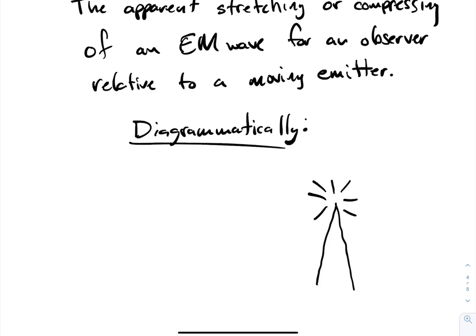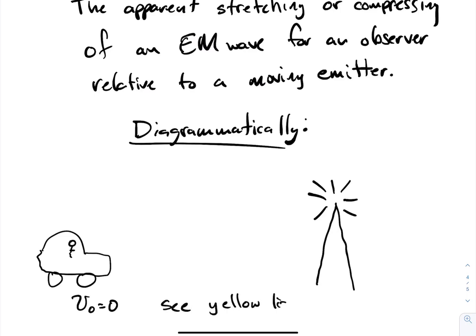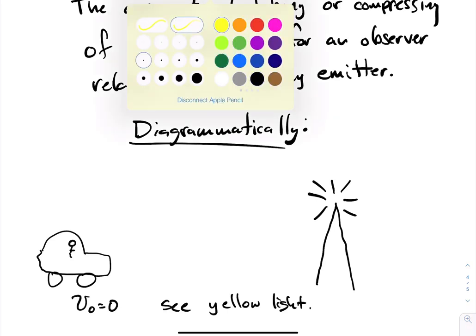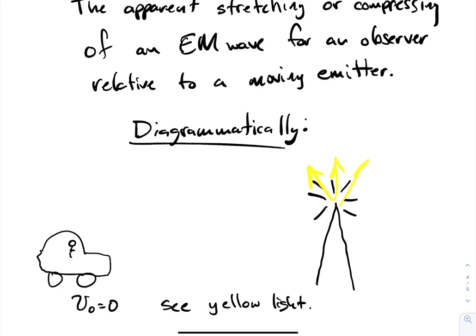And maybe the observer will be in a car that can drive really, really fast. And so if V observer is 0, then the observer would see yellow light.